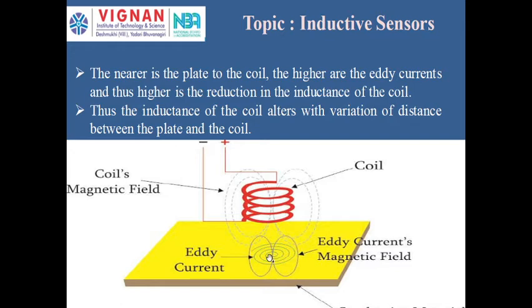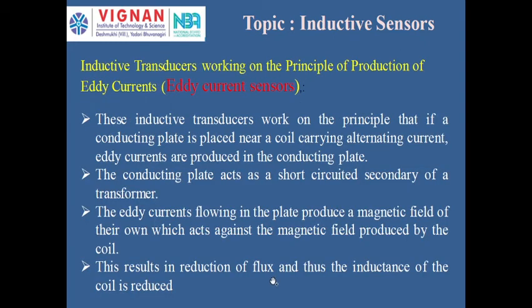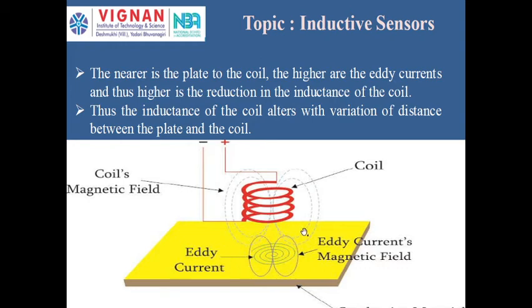So once again, listen. Here a conducting plate is placed near the coil which carries some alternating current, as some AC current is flowing through it. Some eddy currents flow through this conducting plate, so they act as the secondary. The eddy currents flowing in the plate produce a magnetic field of their own.